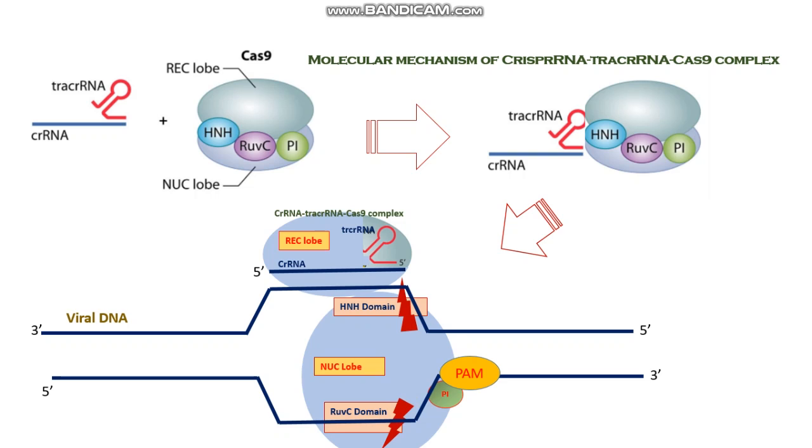This is how the CRISPR-Cas9 system works against viral DNA. This is the immune mechanism of bacteria against the phage virus. So this is all about the molecular mechanism.